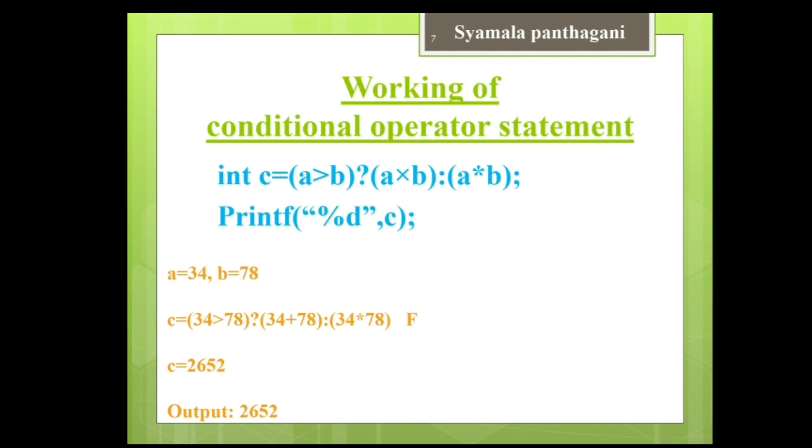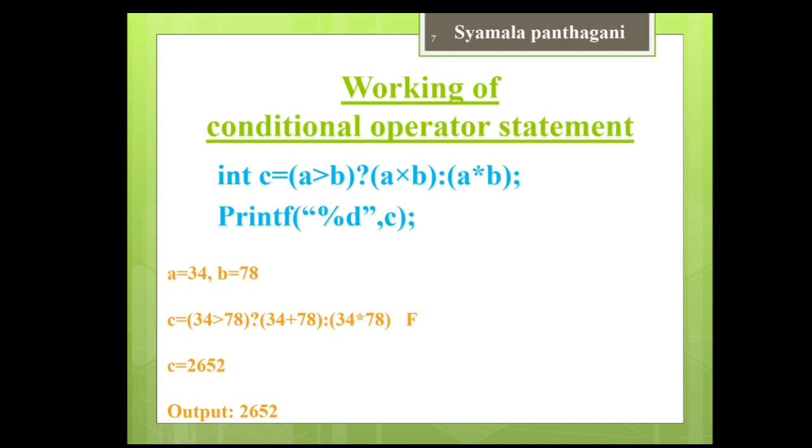No. That's why the compiler comes to the false block. What is in the false block? 34 star 78, means we have to multiply 34 with 78.